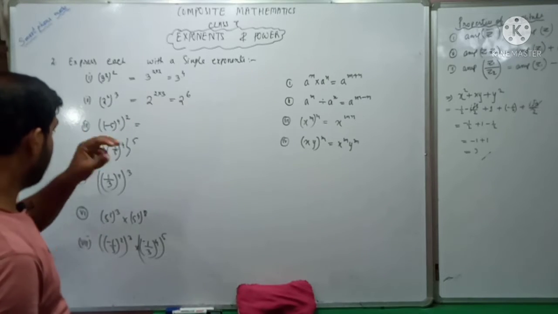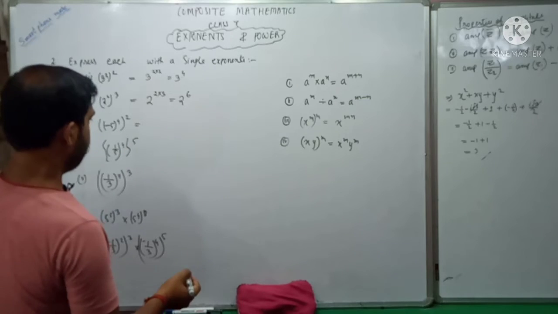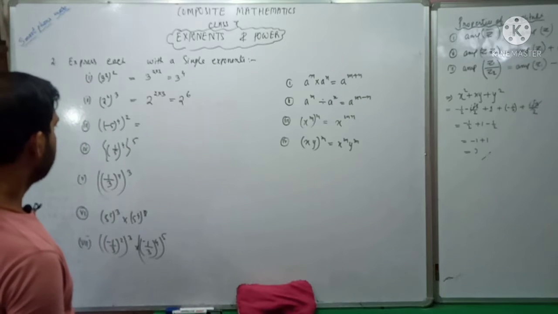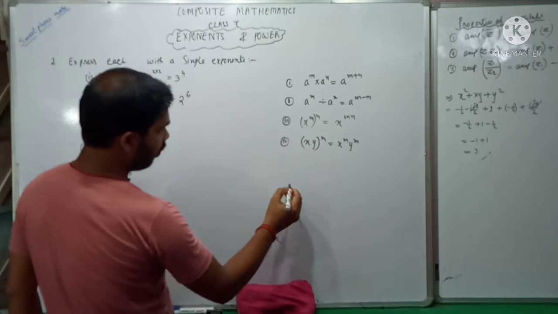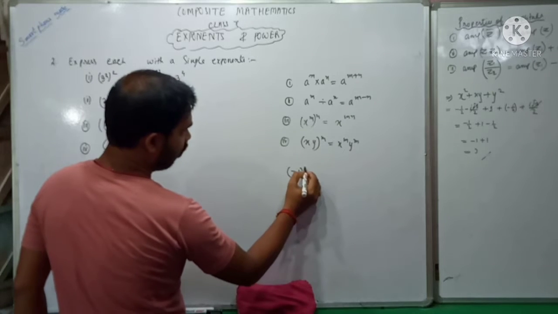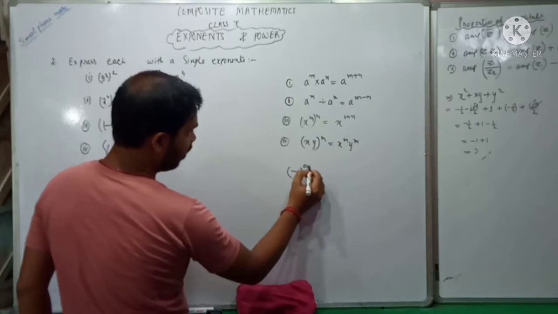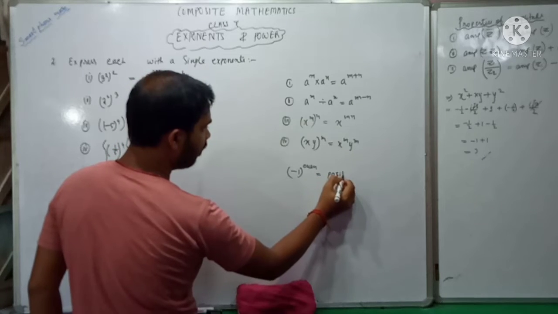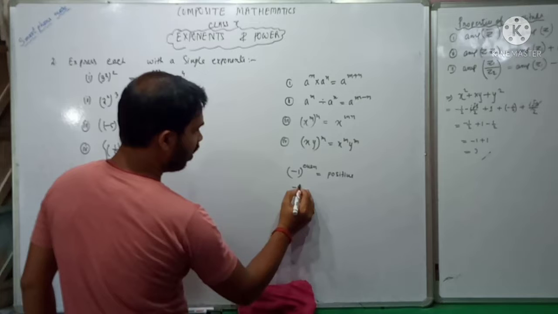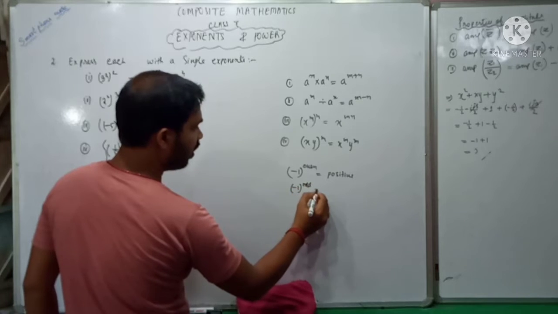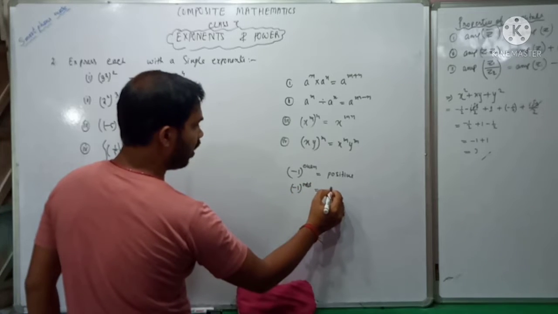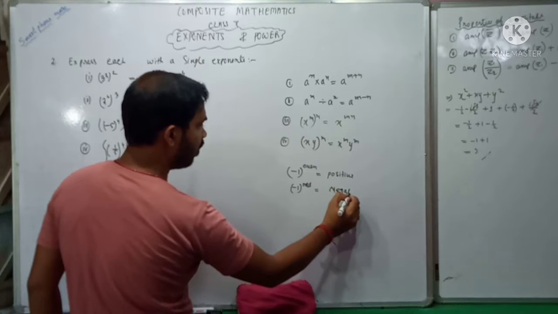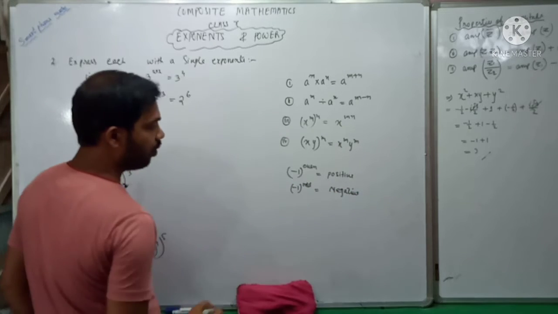Okay, now here one thing you have to note. Minus 1 whole, if the power is even then the result will be positive, and when the power is odd then the result will be negative. Okay, I will show you this with an example.